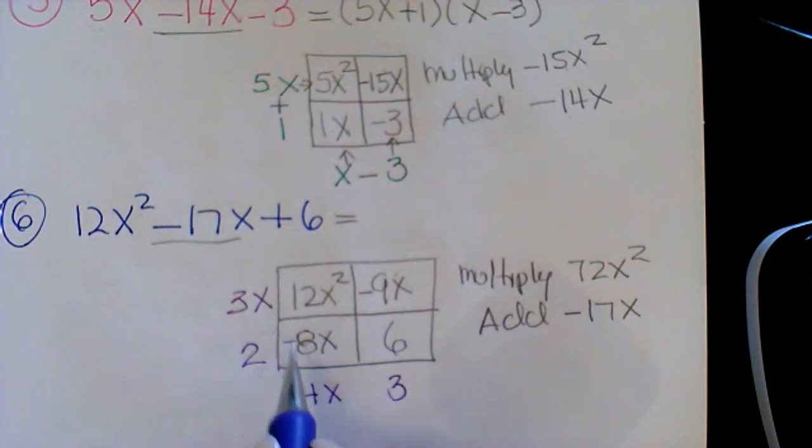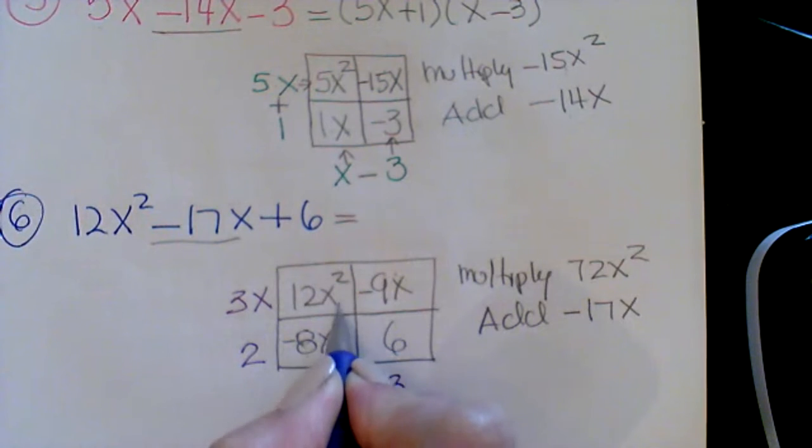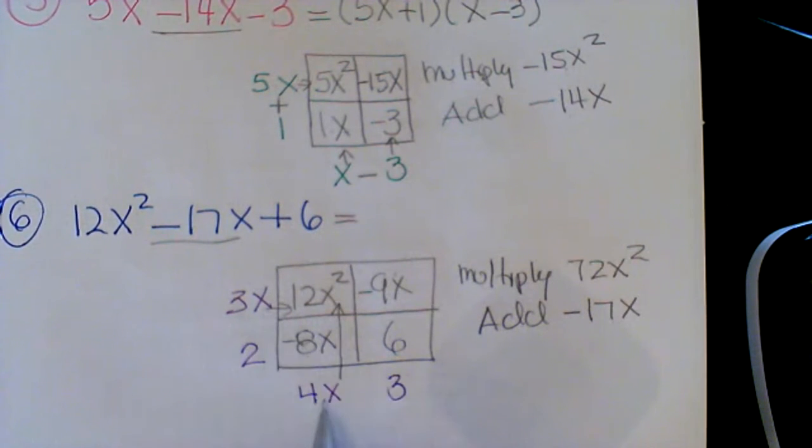So let's start like we were doing. 3x times 4x, that's 12x squared. 4x times 2. If I do that, I'm not getting the negative 8. So this one has to be negative. Negative 2 times 4x is negative 8x.